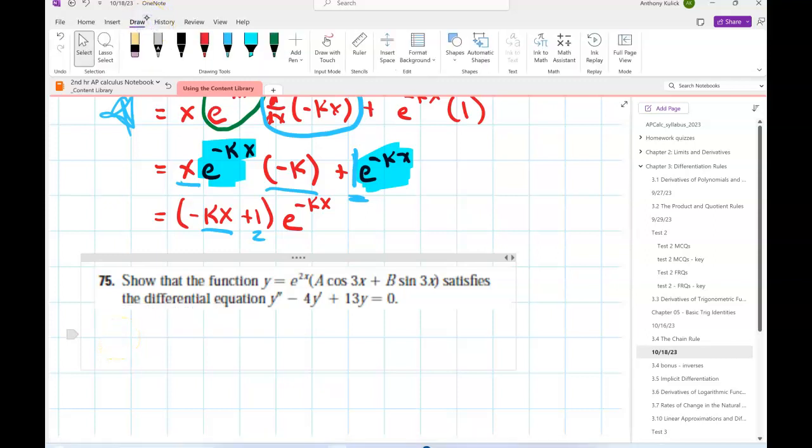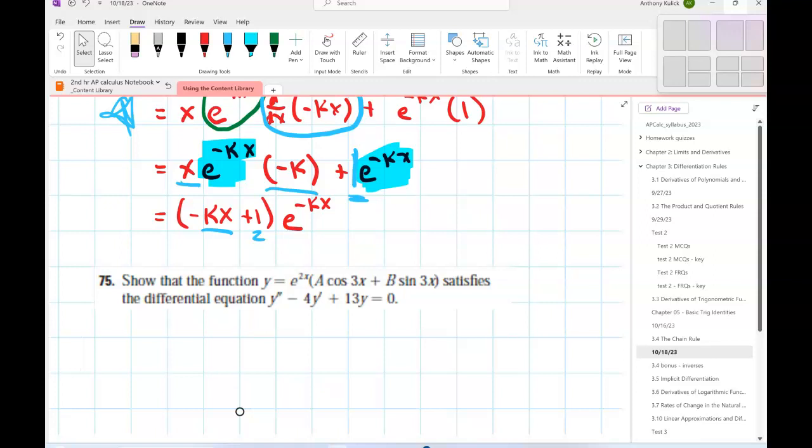Okay. It says, show that the function y equals e to the 2x times the quantity a cosine 3x plus b sine 3x satisfies the differential equation y double prime minus 4y prime plus 13y equals 0. So what I need to do is plug in y prime, y double prime, and y into this equation and show it'll simplify all the way down to 0.